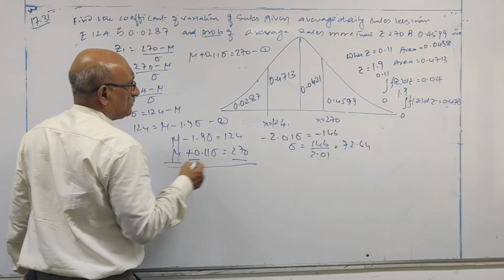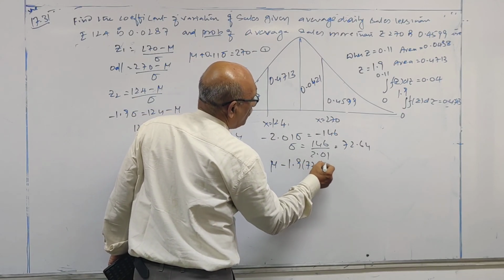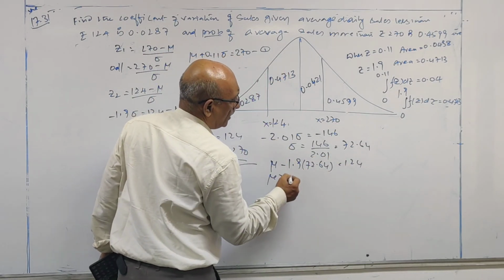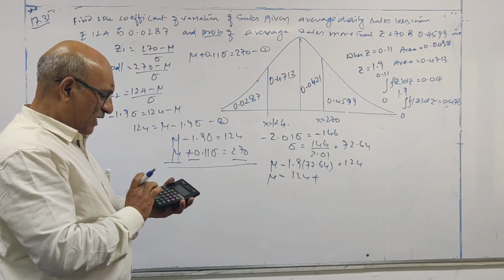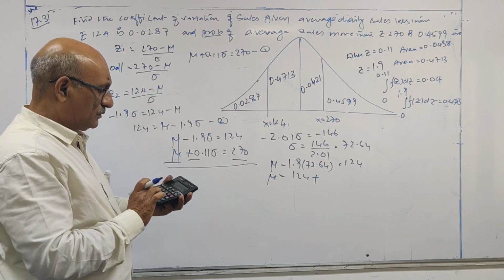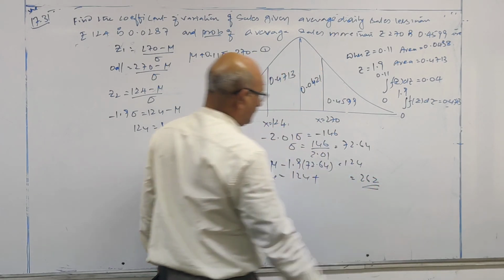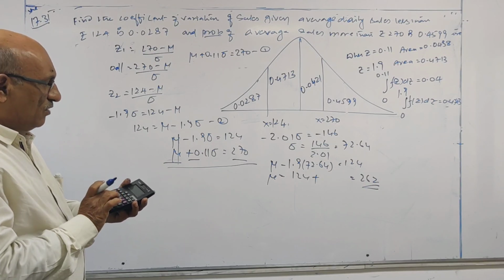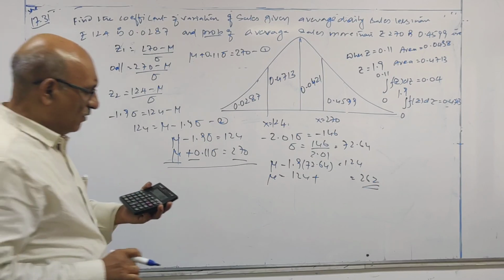Now substituting here, mu minus 1.9 into 72.64 is 124. Mu is equal to 124 plus 1.9 into 72.64, which is 124 plus 138. This is 262.